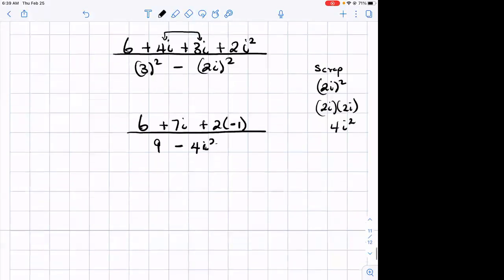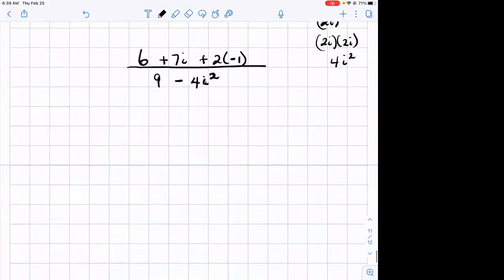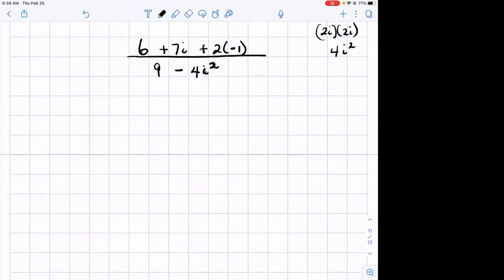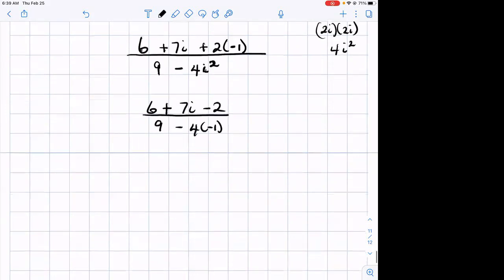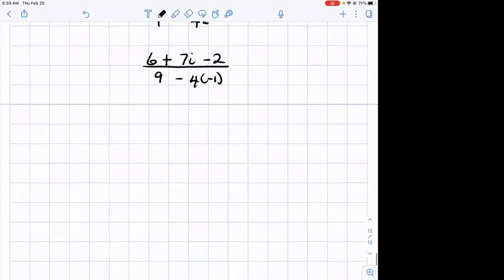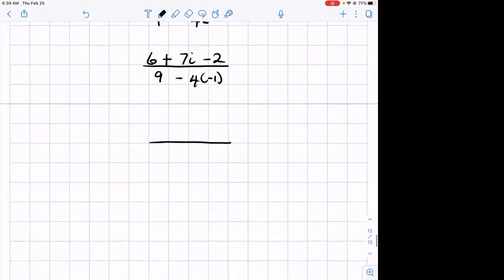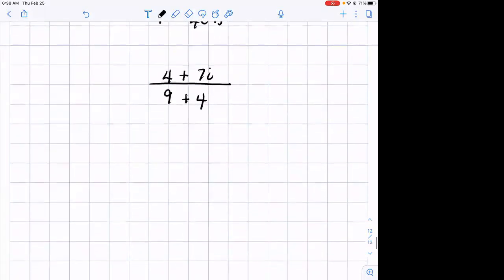So we have in the numerator 6 plus 7i minus 2, and in the denominator we have 9 minus 4 times negative 1. In the numerator, once again, we have like terms, so 6 minus 2 becomes 4 plus 7i. The denominator, we have 9 plus 4. So we have 4 plus 7i over 13.